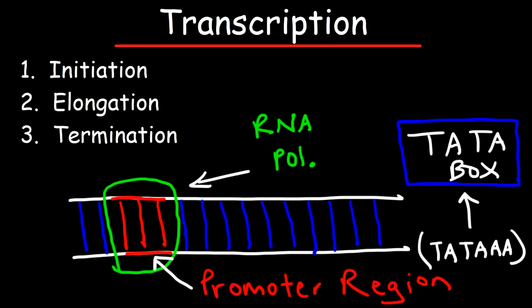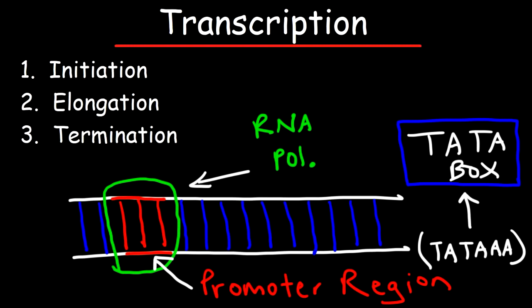Transcription occurs in 3 steps: initiation, elongation, and termination. Now, during initiation, RNA polymerase binds to the promoter region of DNA. Now, what is the promoter region? The promoter region is basically a short sequence of DNA.